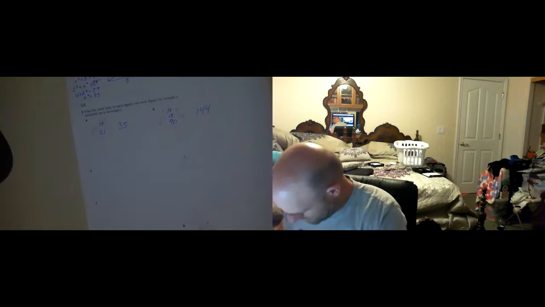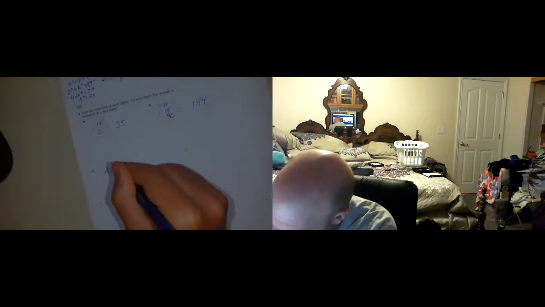Number 4, I gotta switch over to page 19. It says the altitude of a triangle if its base is 7 and its area is 21. So without even drawing it, I'm going to say area equals 1/2 base times height. They told me that the area is 21.